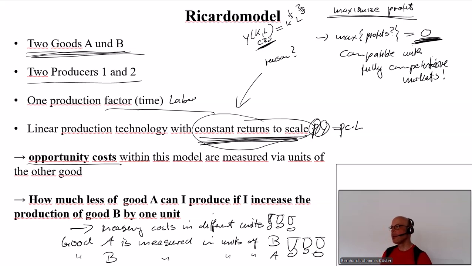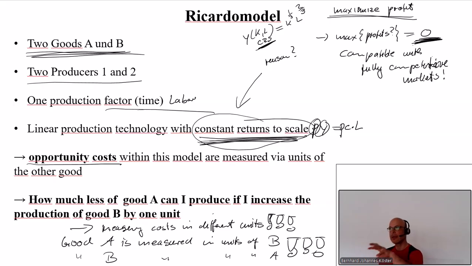And then we say that the opportunity cost of producing A using some time is not producing within this time an amount of B. So we ask how much less of good A can we produce if we increase the production of good B by 1 unit?